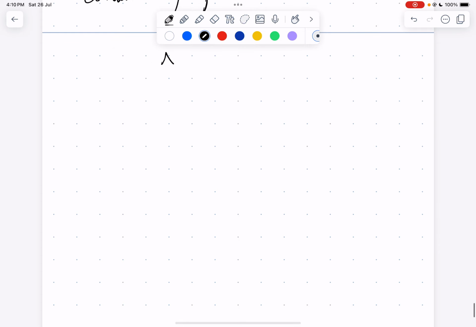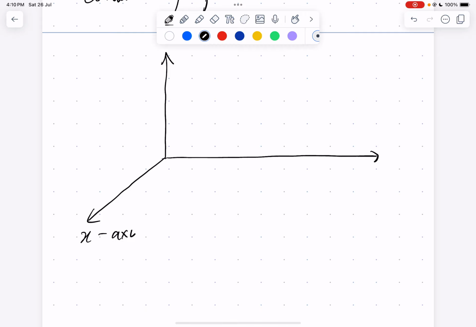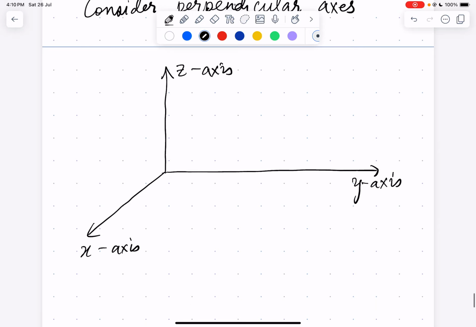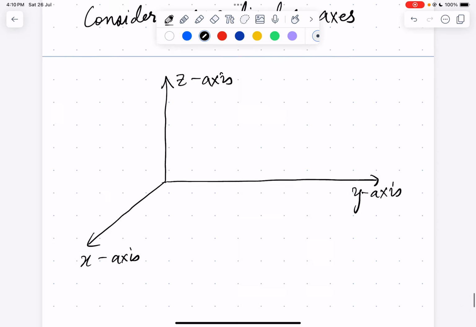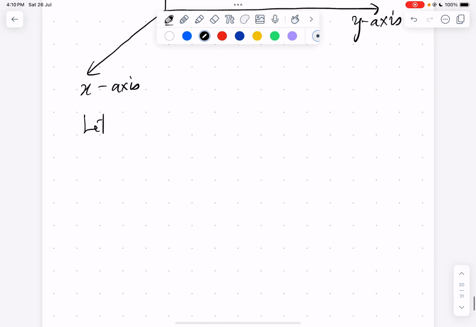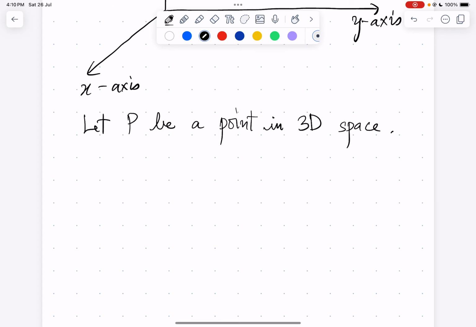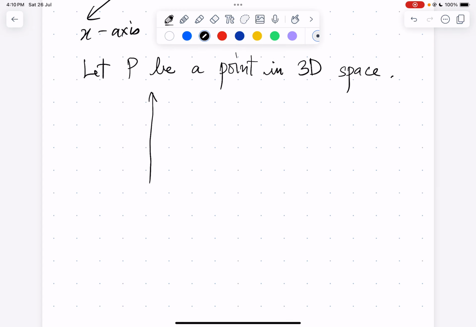So consider three perpendicular axes: x-axis, y-axis and a z-axis. This is in three-dimensional space. Now let P be a point in the three-dimensional space. For convenience, in the picture, we can take P like this.